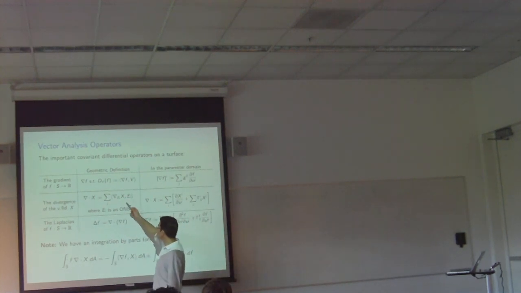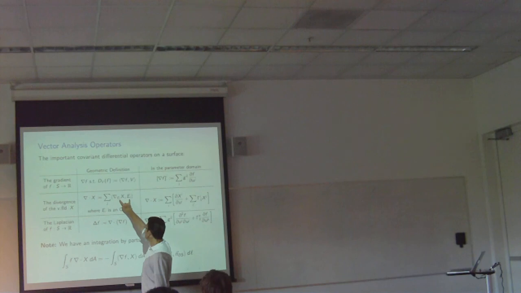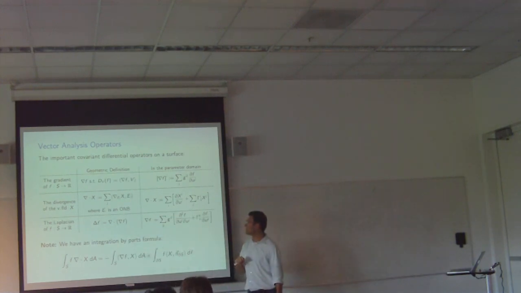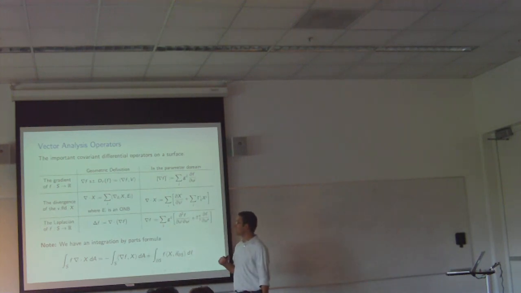The divergence of a vector is the sum over this set of derivatives there, where e_i is an orthonormal basis. And it turns out this is independent of parameterization, or rather it's independent of choice of basis. So it too is a geometric object.